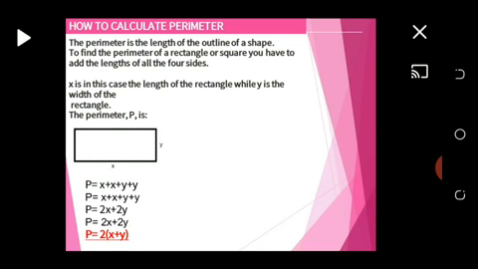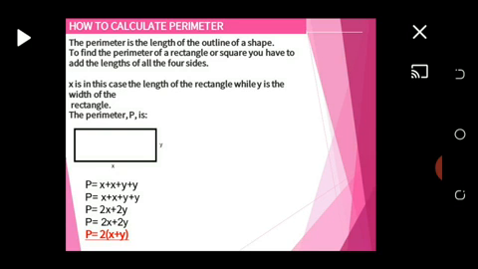2x, 2y. So now, collecting, what is common? 2 is common. Therefore, the formula to calculate a parameter is P equals 2 open bracket x plus y bracket close. Hope we get that. That is the length plus the width of the shape. Please take notes.